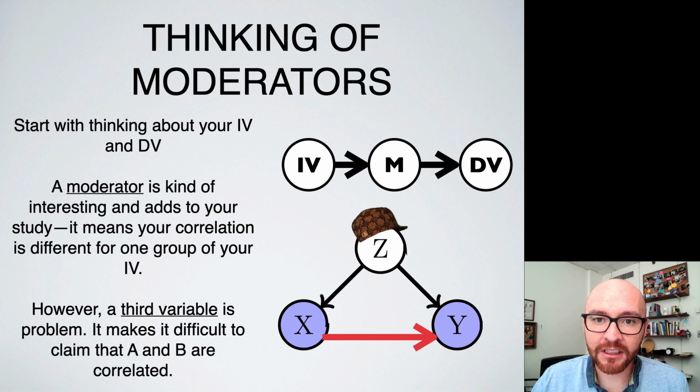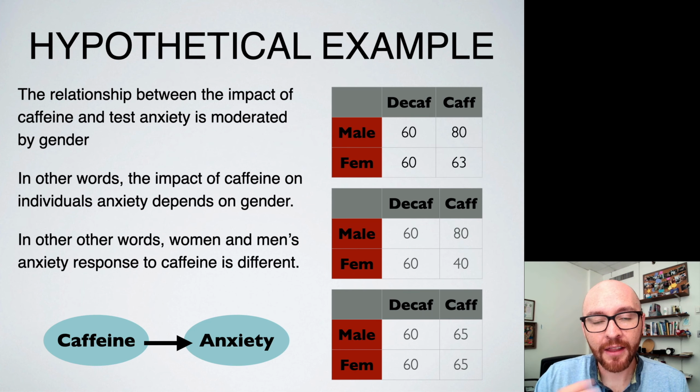A third variable issue challenges internal validity, and it's a variable you did not take into account when studying whatever it is you're studying in your study design. You didn't take it into account, and it might provide an alternate explanation for what you're actually claiming. So you do not want a third variable, but moderators are okay. They help explain in more detail that relationship between both of your variables.